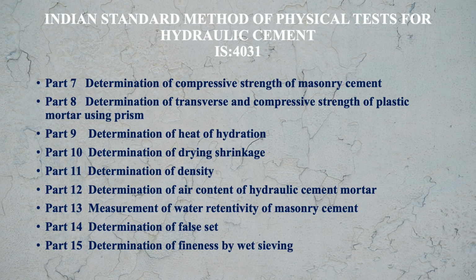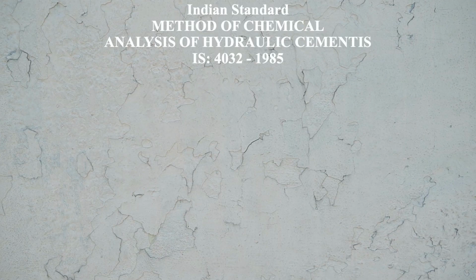These are the different parts of this code IS 4031 which deals with different tests to be done on the cement. Now another BIS code is Indian Standard Method of Chemical Analysis of Hydraulic Cements, IS 4032 1985. It deals with the chemical analysis of hydraulic cement.